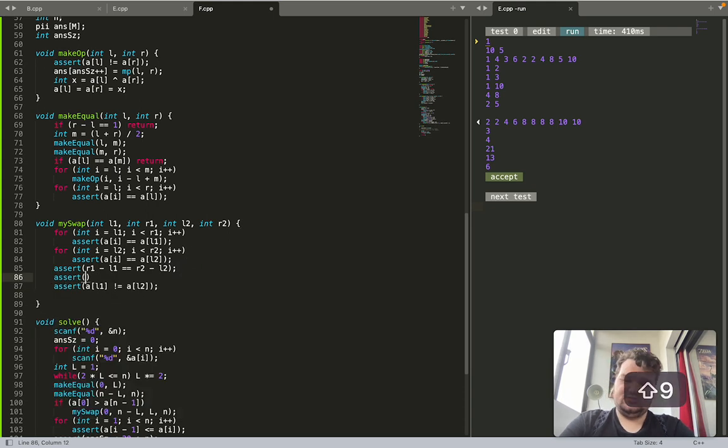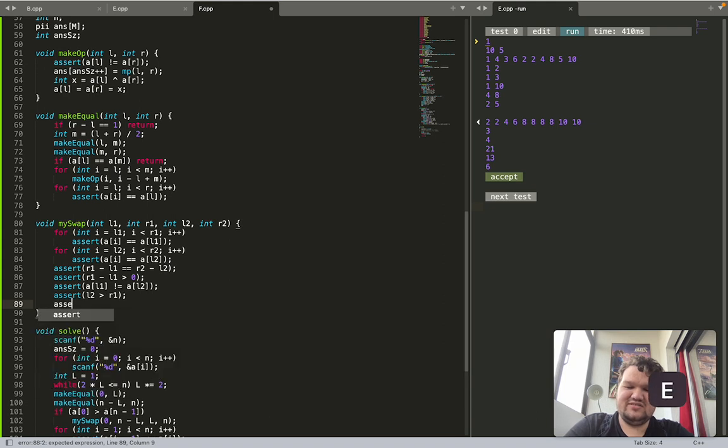Assert that the length is greater than 0. And we actually know that there is an element between those segments, and if we take the element to the right of the right segment, so assert that there is an element and assert that it is equal to all the elements in the segment.